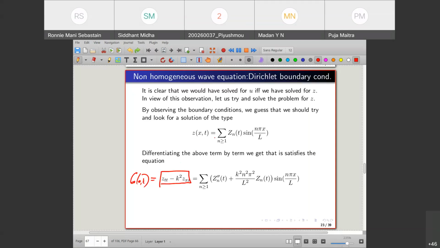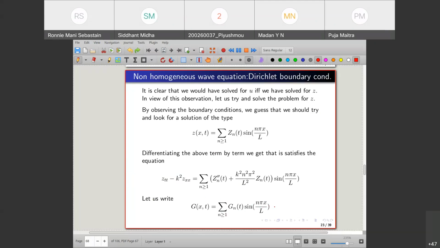When we use this series solution, and of course we assume that all our solutions are nice, so we can exchange the differential operator and the summation, this series just becomes this. And we write g(x,t) equal to the sum over n greater than or equal to 1 of g_n(t) sine(n pi x / L).